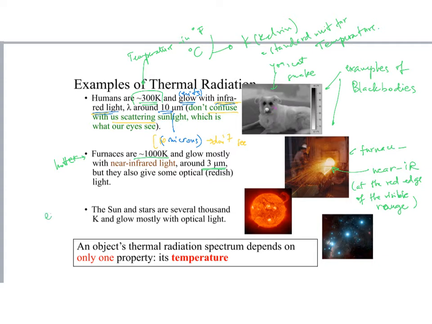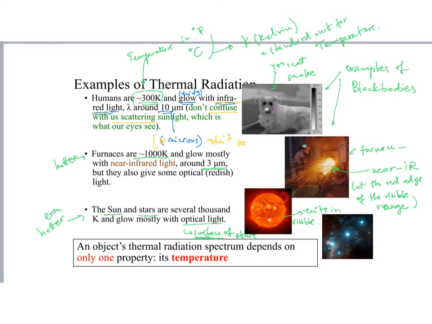Now, even hotter, it's going to be the sun and some other stars, right? And we're actually talking about the surface of stars. The interiors of the stars are much, much hotter than that. So the surface emits in visible.